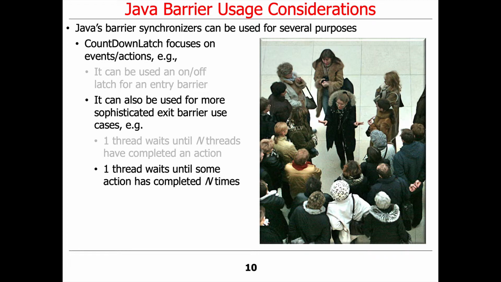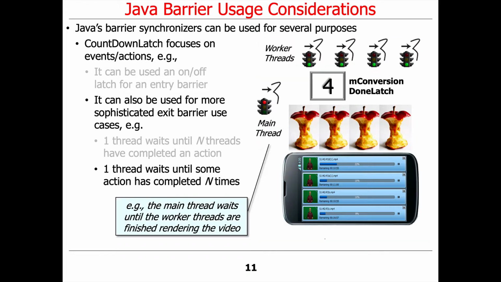Likewise, one thread can wait until some action has completed n times. So as we saw before, we can have one thread that waits for n things to happen, and you can count them down either in one thread or in different threads. For example, the main thread waits until the worker threads are finished rendering the video before it continues with the next phase of whatever it needs to do.